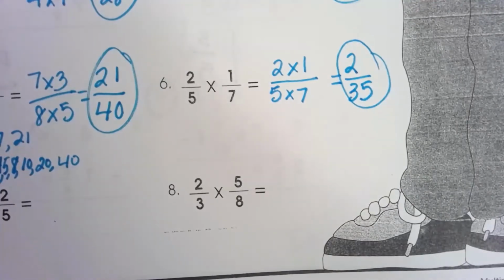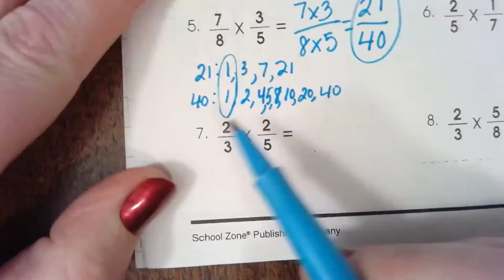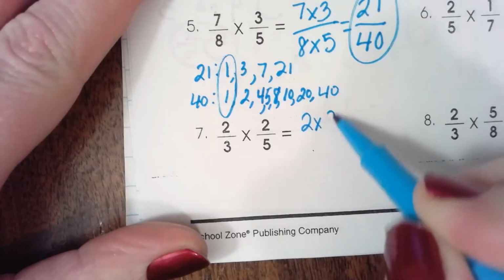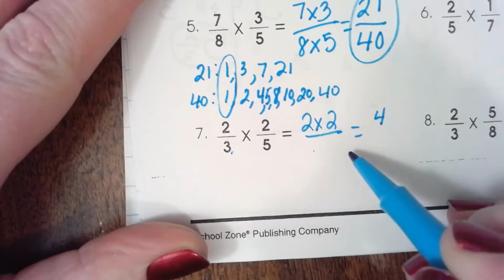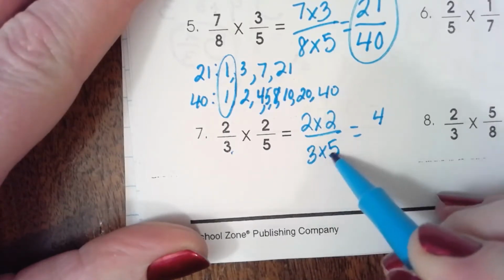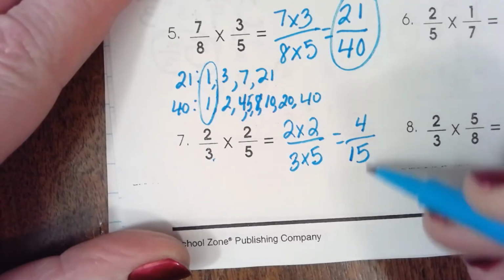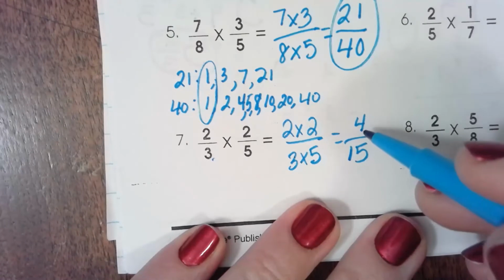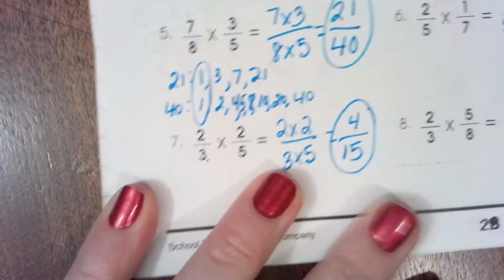How about my next one? 2/3 times 2/5. Numerator, 2 times 2 is 4. Denominator, 3 times 5 is 15. Do they have anything in common other than 1 to divide by? Nope, because I can't divide by a 2 or a 4 for a 15, and those are my factors of 4.